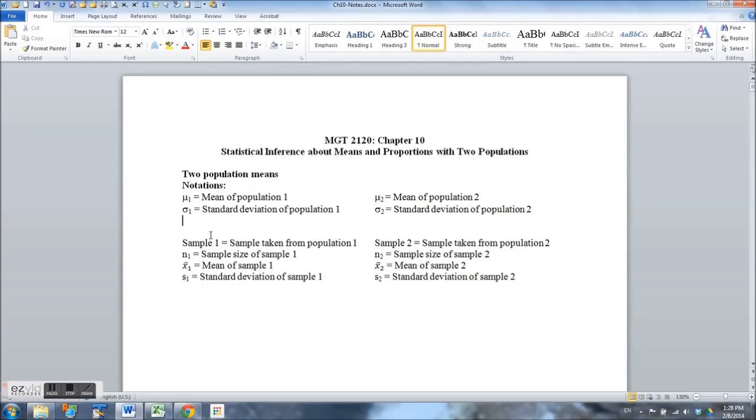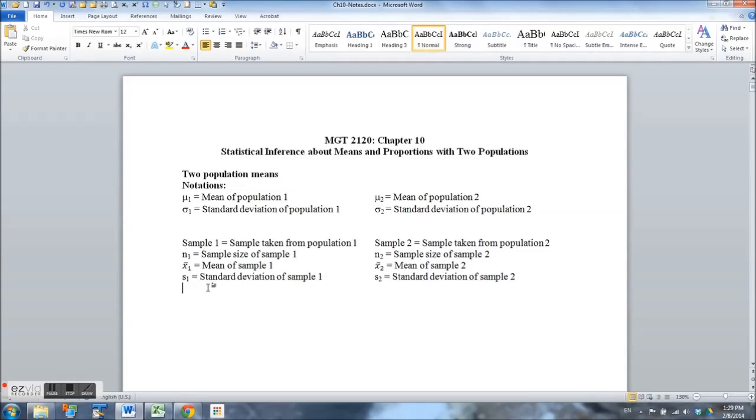We do the same thing for the second population. So we have n sub 2, x bar sub 2 and s sub 2, and these three are from the second population. Now we need to estimate mu sub 1 and mu sub 2, and we can use x bar sub 1 as a point estimate for mu sub 1 and x bar sub 2 as a point estimate for mu sub 2.